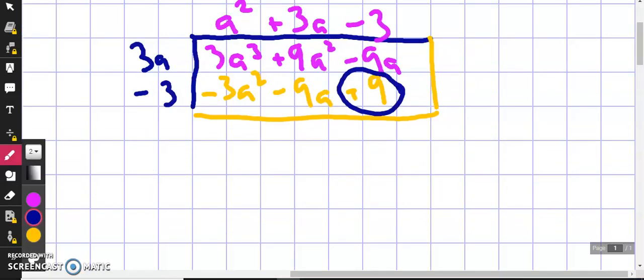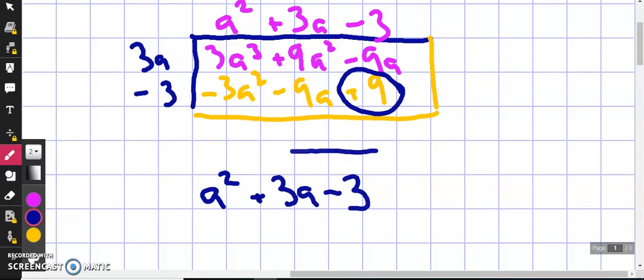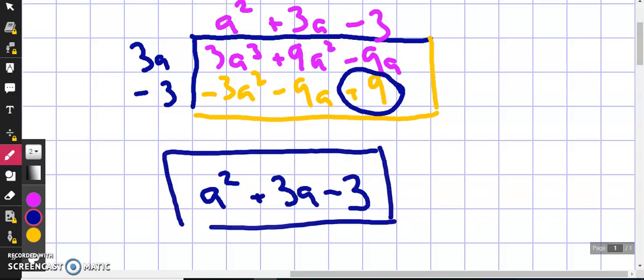So to write my final answer, since I don't have any remainders, I'm just going to copy down what I see on the top of the box. So my answer is a squared plus 3a minus 3.